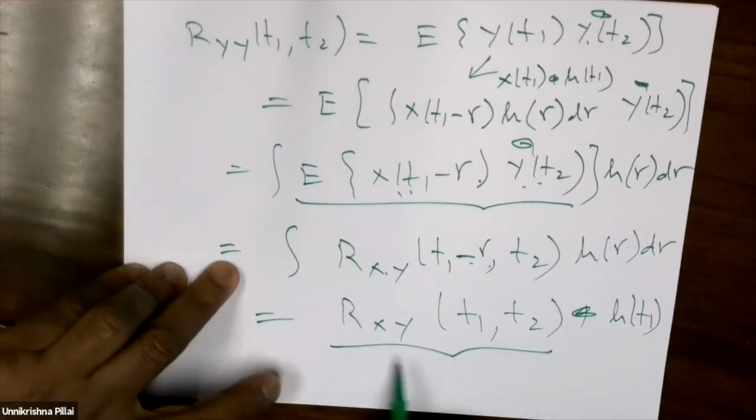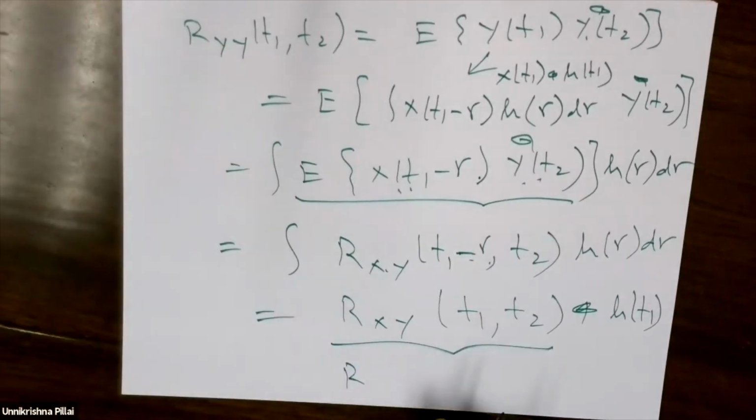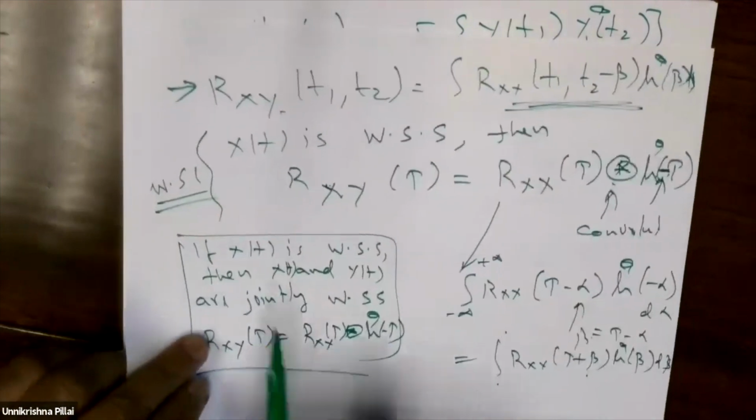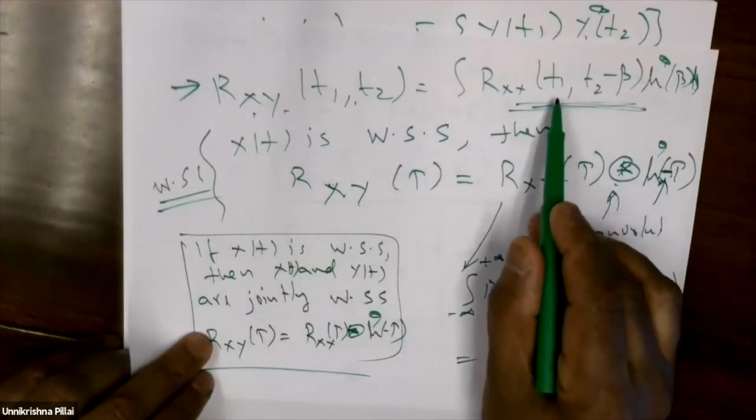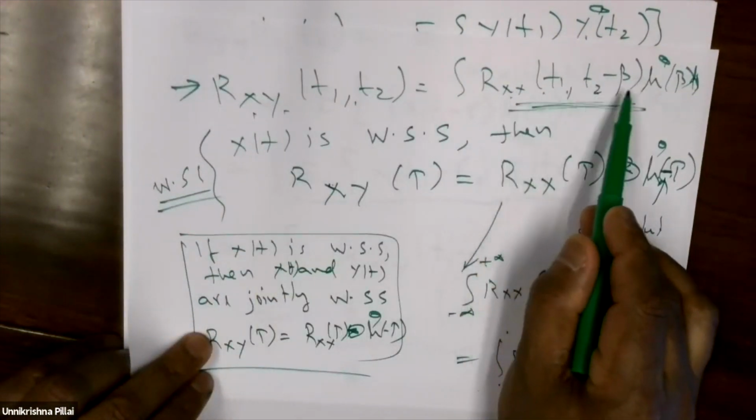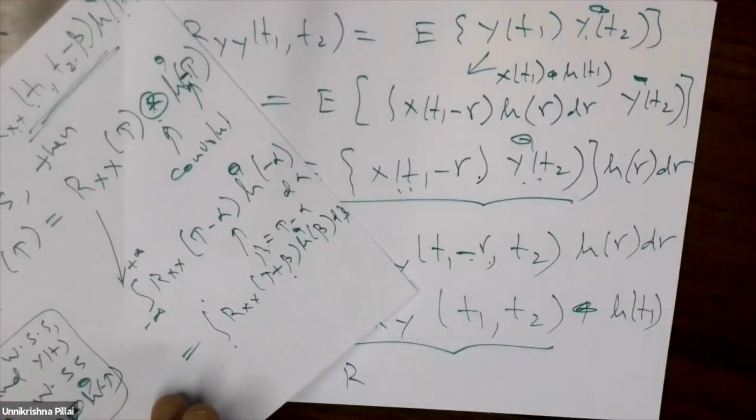But we know this function itself, we wrote it in the previous slide, right? Look at Rxy. That is Rxx(t1, t2) convolved on the second variable. Somewhere we had it before, right?